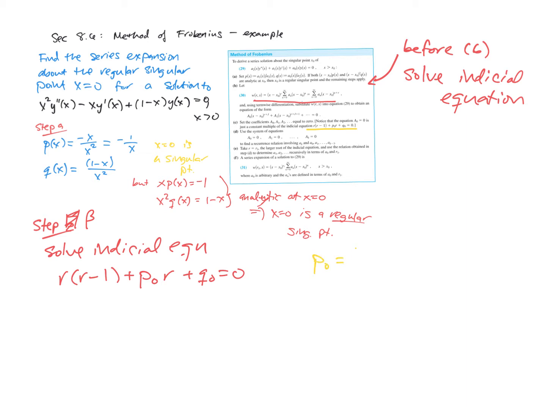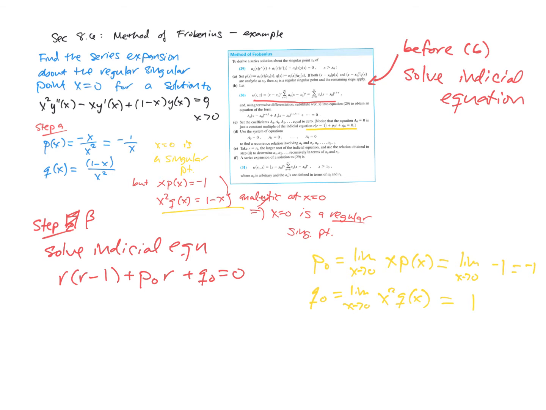P naught is the limit as x approaches 0 of x times P of x, which equals the limit as x approaches 0 of negative 1. So it's negative 1. And then similarly, Q naught is the limit as x approaches 0 of x squared Q of x, which we've got right here. We just plug in x equals 0.